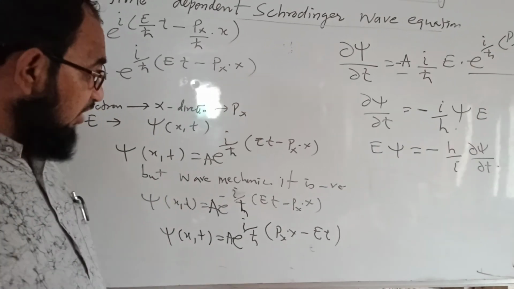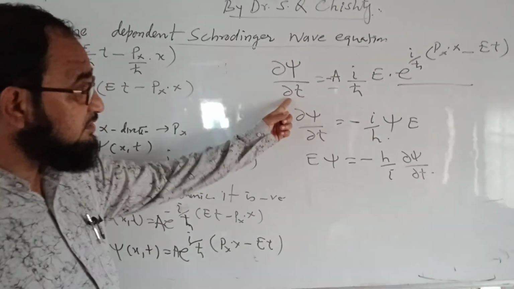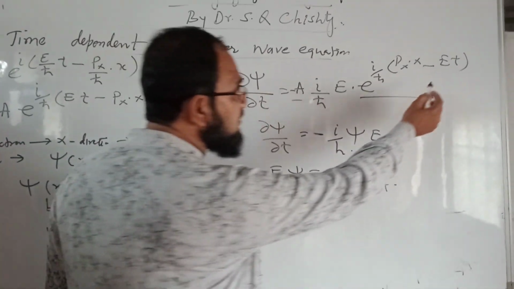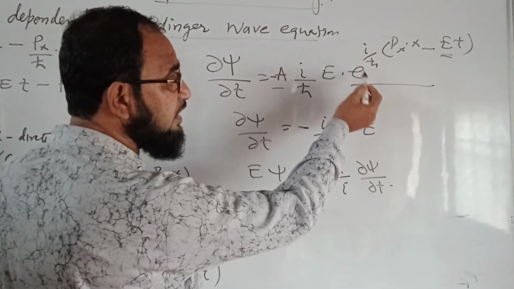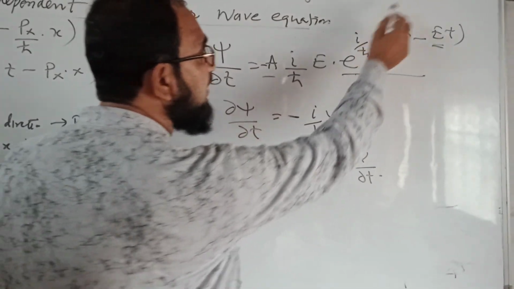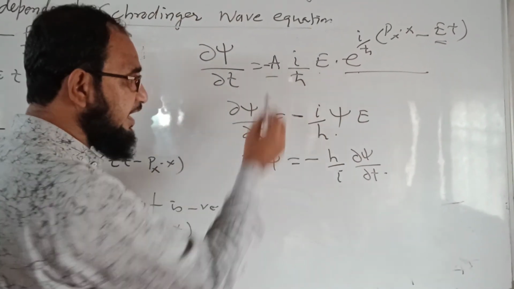Now I will differentiate this equation with respect to t first, then variable is only t, then the derivative of the exponential is as it is into the derivative of this function, so it is minus i by h cross into E, a as it is.